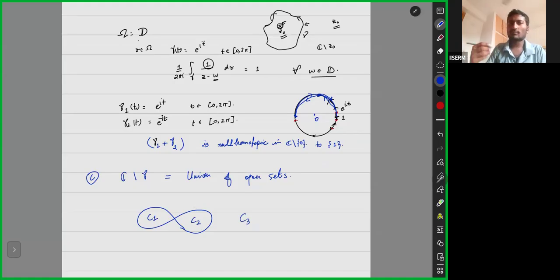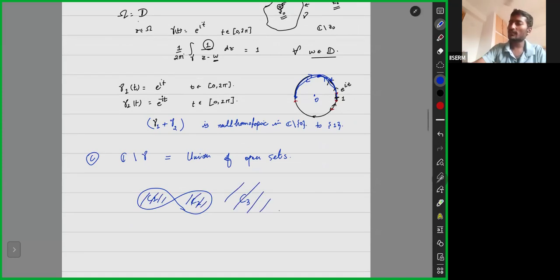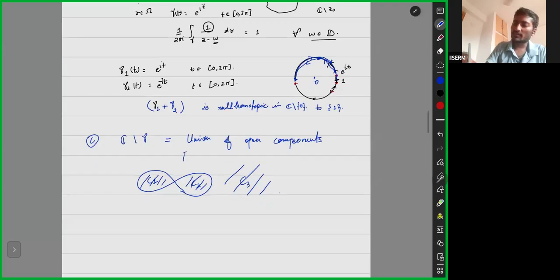C1 and C2 are bounded open sets, and C3 is the unbounded component. So one of them is always unbounded.